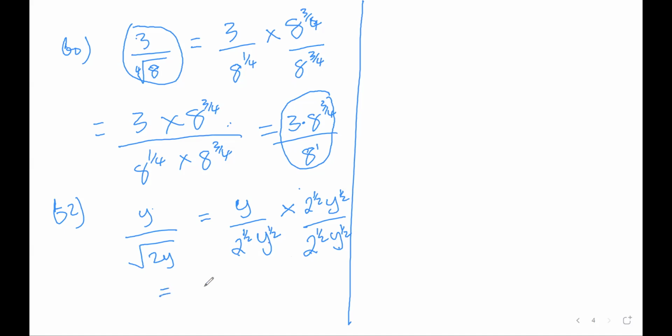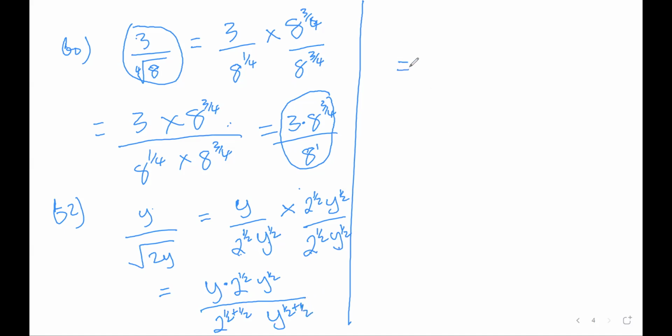So the whole expression becomes y times 2 to the half y to the half divided by 2 to the half times 2 to the half becomes 2 to the half plus half by my law 1, y to the half plus half also.